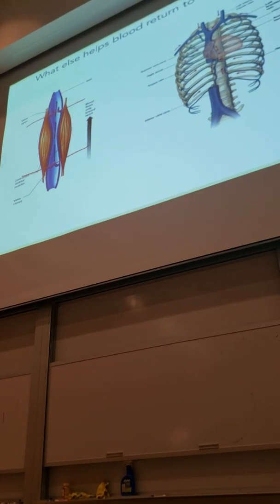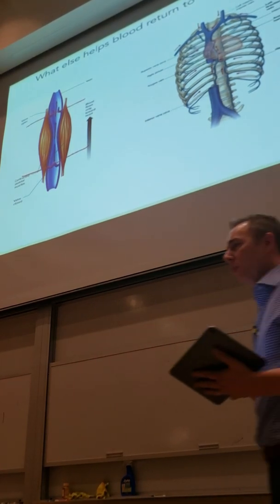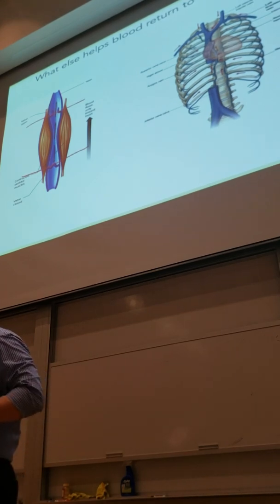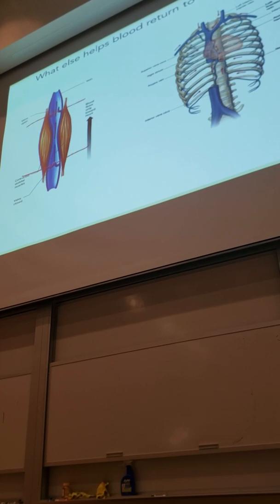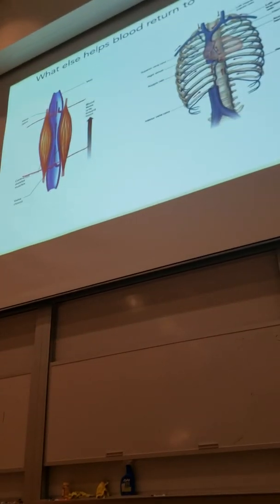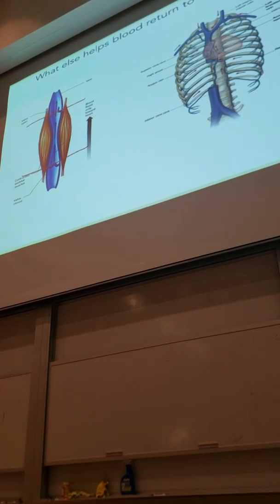The other way is through respiration. When we ventilate our lungs, you might recall that you create a negative pressure in your thorax. If you inhale, the diaphragm drops down, and if you're inhaling strongly, your thoracic cage expands. All these changes to the volume of the thorax will make the pressure inside low. And what does that do?